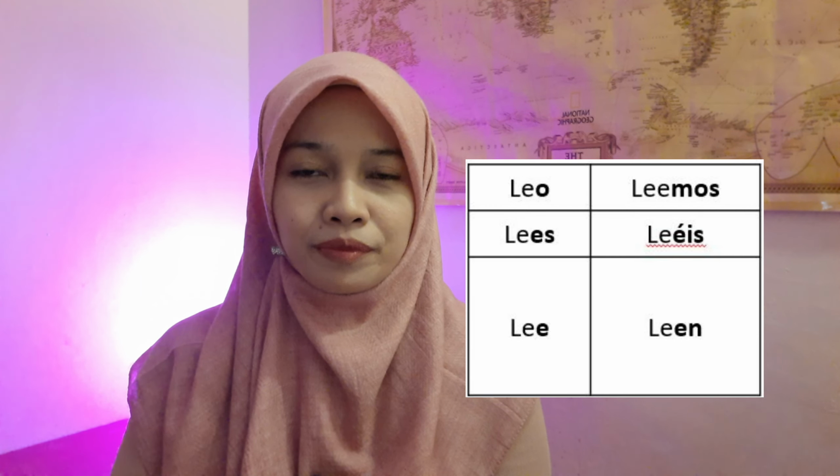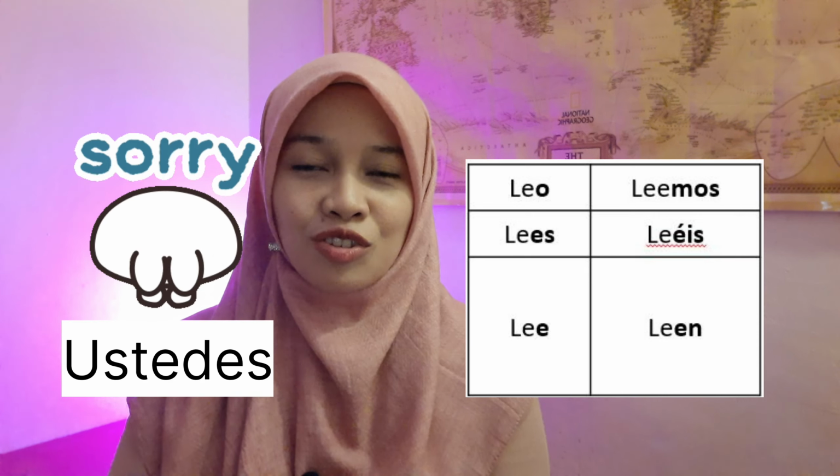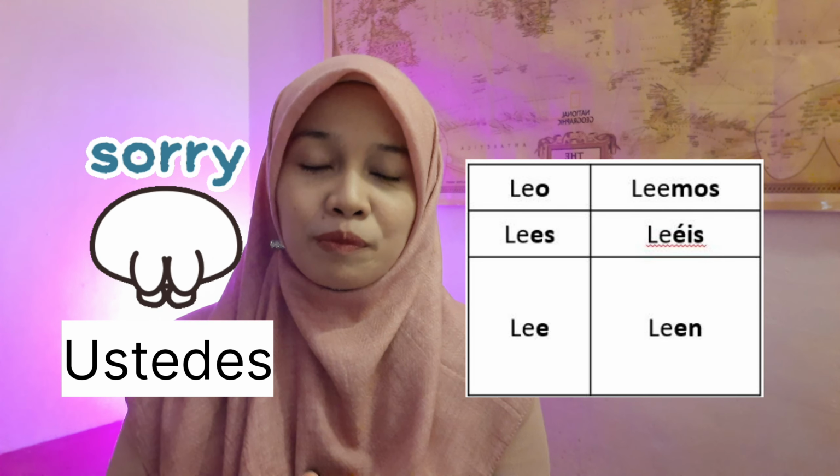And then vosotros leéis whatever, and then ellas, ellos, ustedes leen. In the regular verbs before, we just put the o, es, a, e, emos, right? Éis, and then en. But in the irregular verbs, we have to conjugate in a different way.